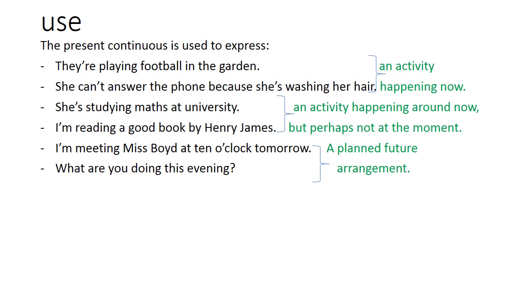That means she studied at university, maybe before this moment and after that, and continues studying at the university. And also I am reading a good book for a while, not just at this moment, but around this moment.